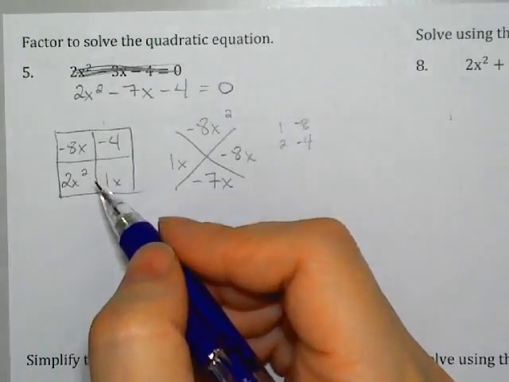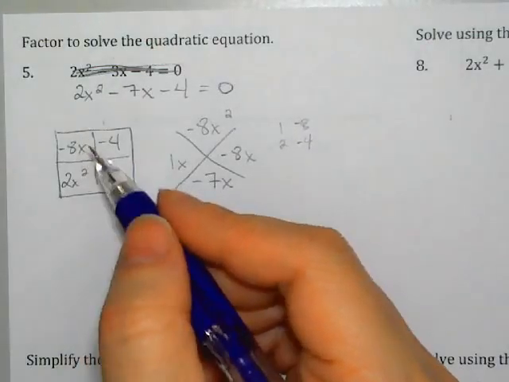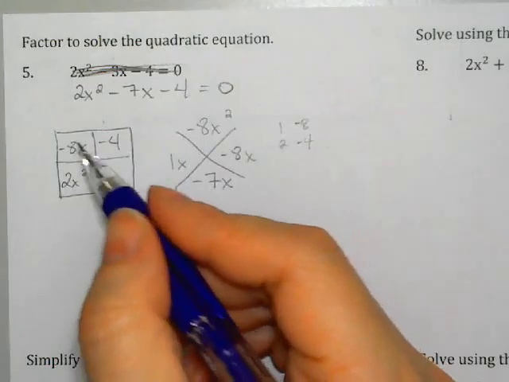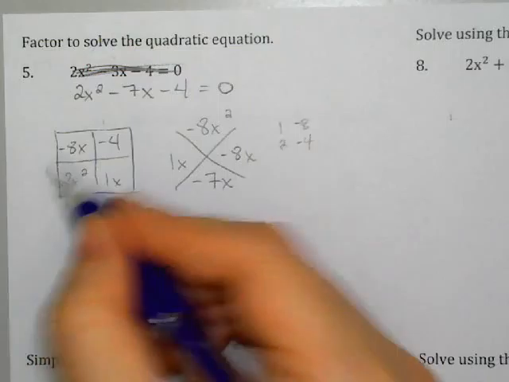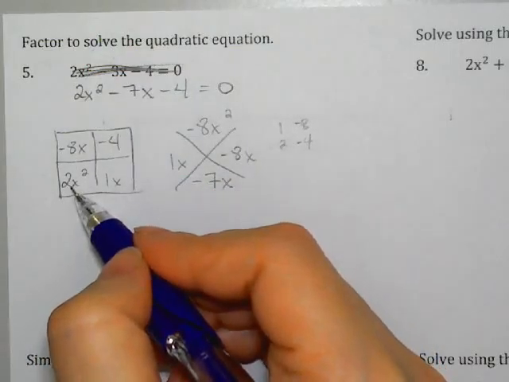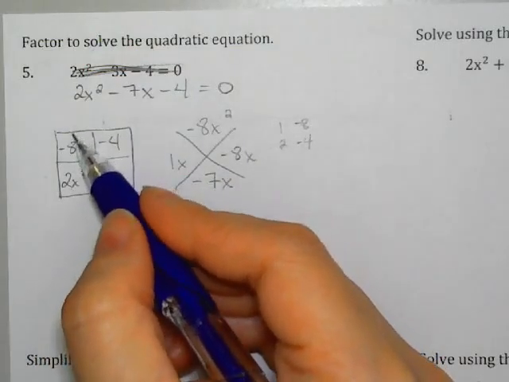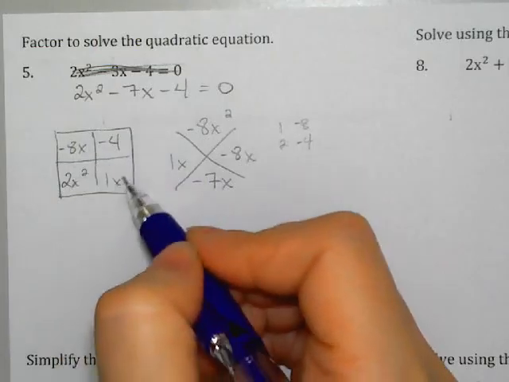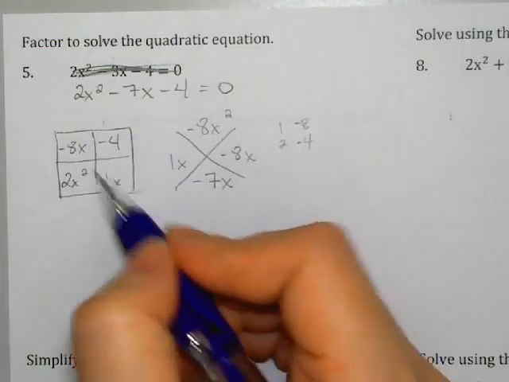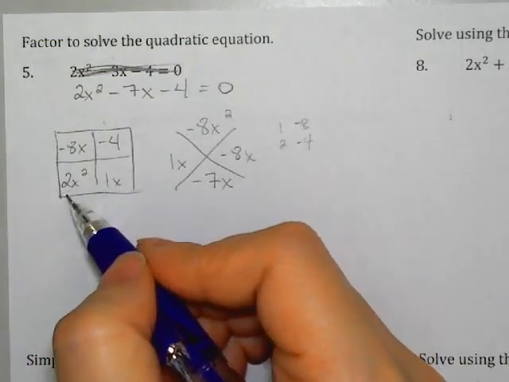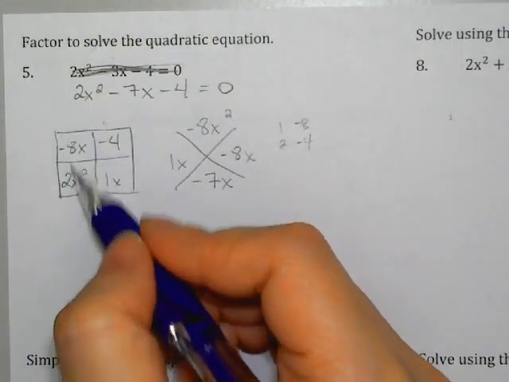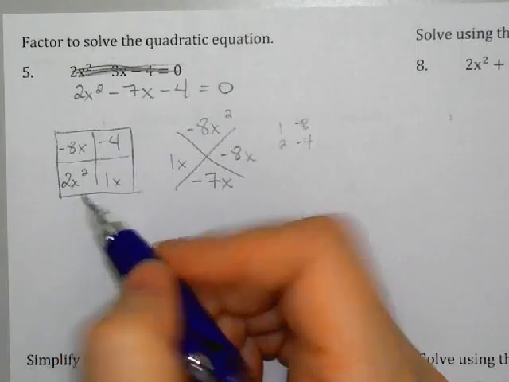Here's where a lot of people struggle a little bit, because you have to be pretty careful about what you take out, because this is no longer going to be just x and x, because I have this 2x here. If I look at this row, the only one that I can take a 2x out of is this column, because 1 is not divisible by 2.